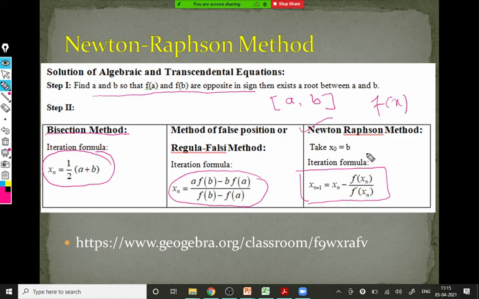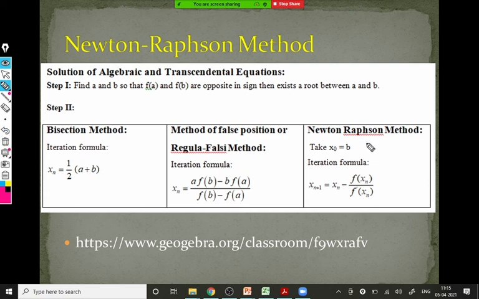This formula is different now. It doesn't depend on the interval later on. It depends only on the initial approximation. Here, for uniformity, I kept b as x0, but when we know the root exists in the interval ab, you can take x0 equal to a, or x0 equal to b, or x0 equal to a plus b upon 2, that is the midpoint of the interval.